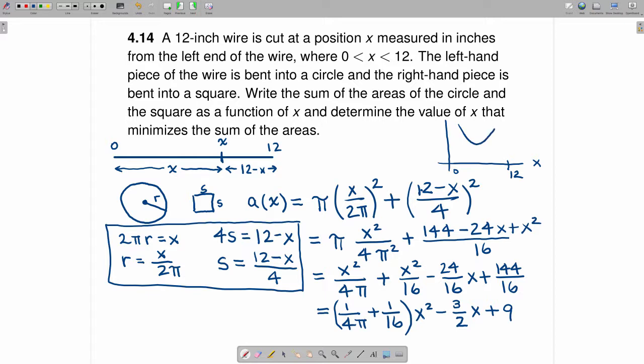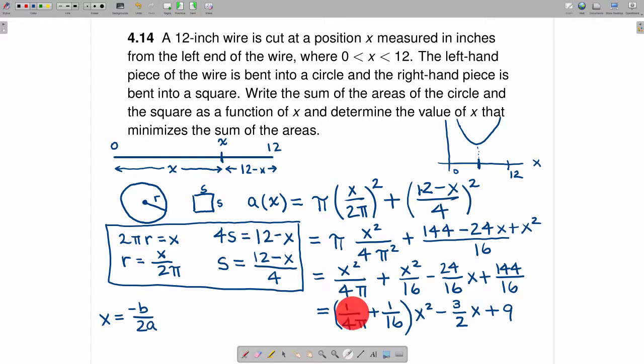In other words, somewhere, and we're not sure where, it is going to achieve a minimum. And the way you find that minimum is, if you look in the formulas, you will see that negative b divided by 2a is where that minimum occurs.